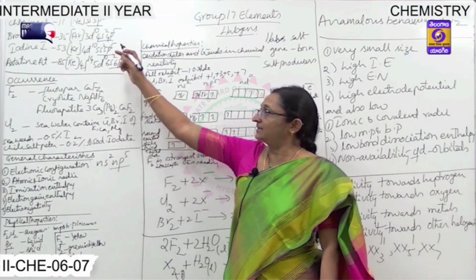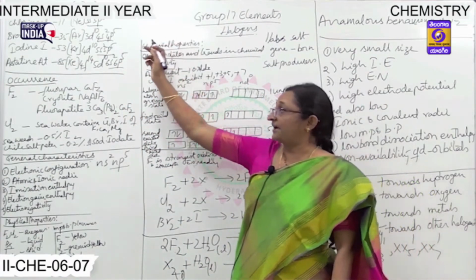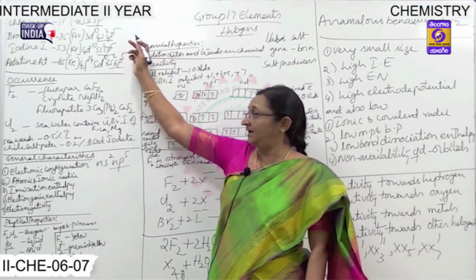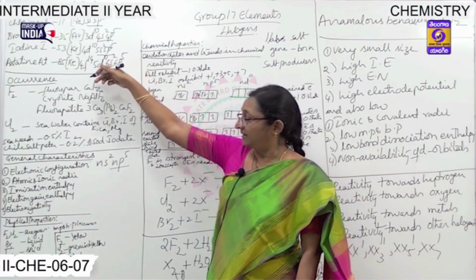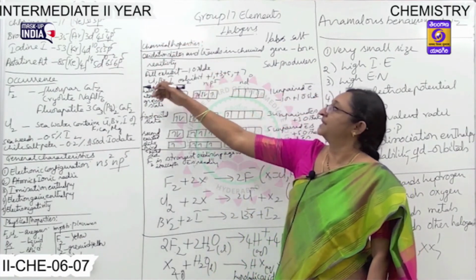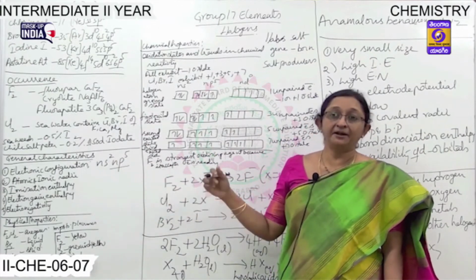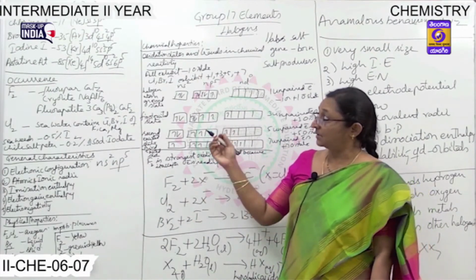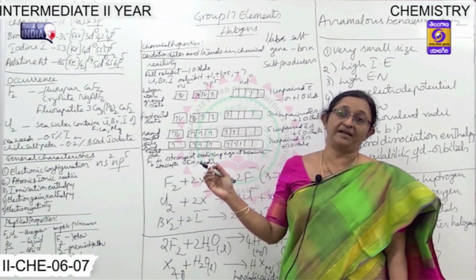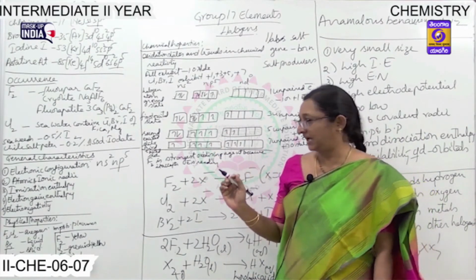Fluorine has a very small size compared to the other elements. When we move from top to bottom, the atomic and ionic radii increase. Why do these have small atomic and ionic radii? Because of effective nuclear charge.